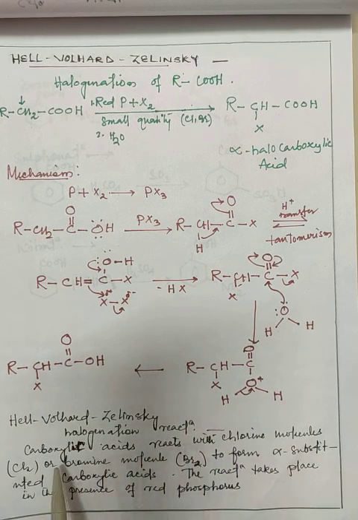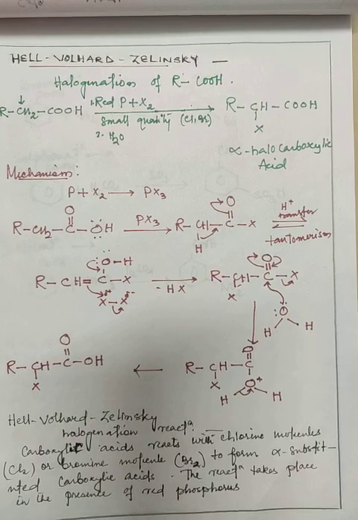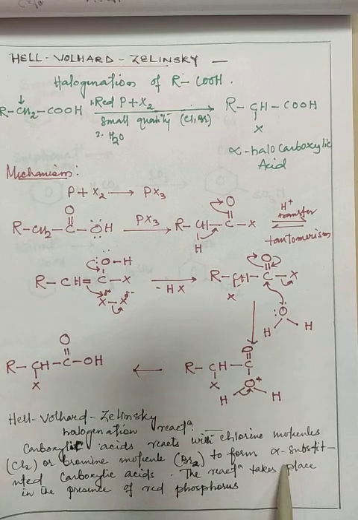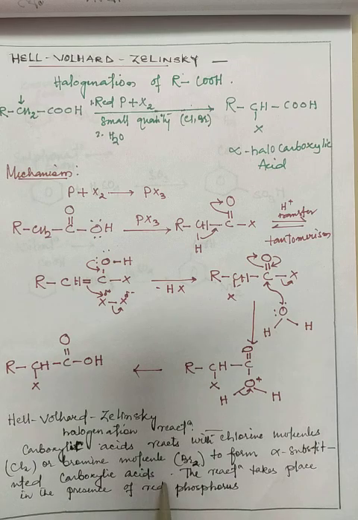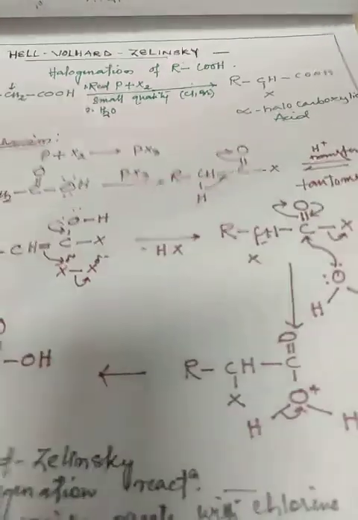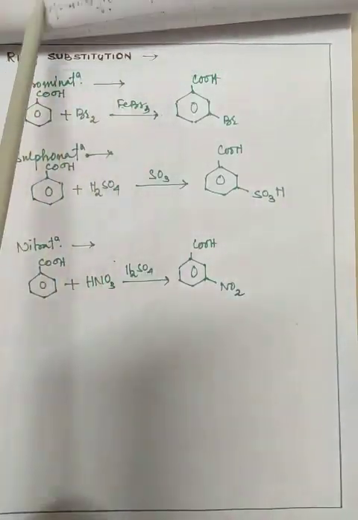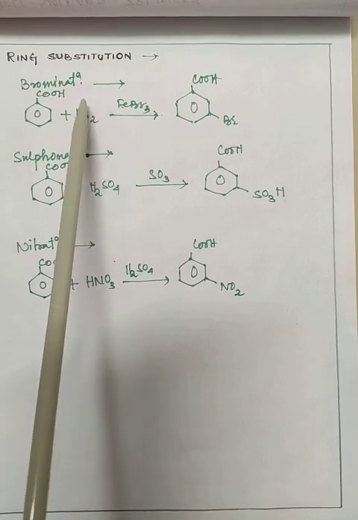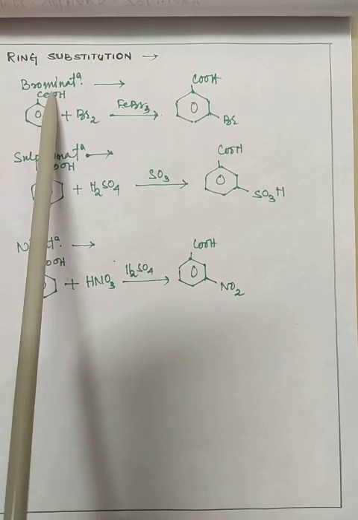Now the halogenation reaction: carboxylic acid reacts with chlorine molecules or bromine molecules to form alpha substituted carboxylic acid. This reaction takes place in the presence of red phosphorus. Now ring substitution, this is the last topic for this chapter. The first is bromination.